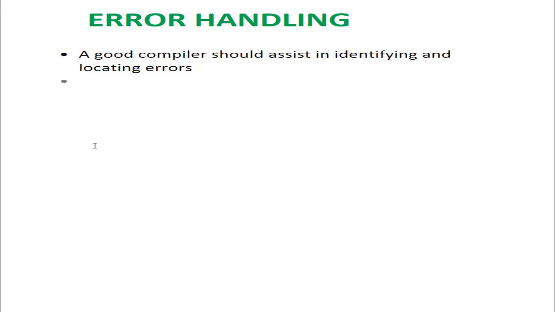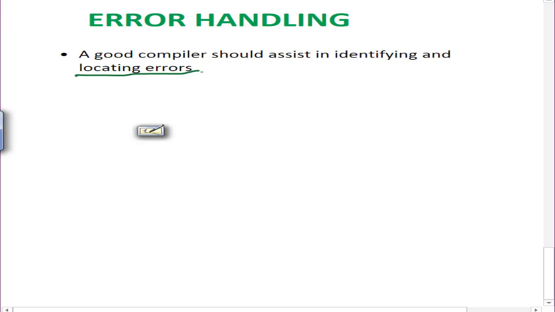So we don't want to slow down the processing of any correct program. All right. Actually, we are not in a position to discuss error handling in its entirety, because for that we need to understand the parser inside out. But still, we try our hand at it. We know a good compiler should assist in identifying and locating errors, and a parser allows early detection of syntax errors by a property called the viable prefix property.